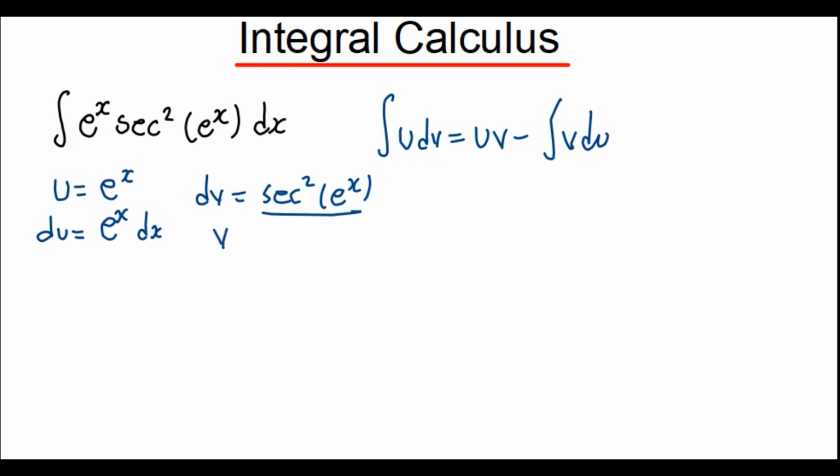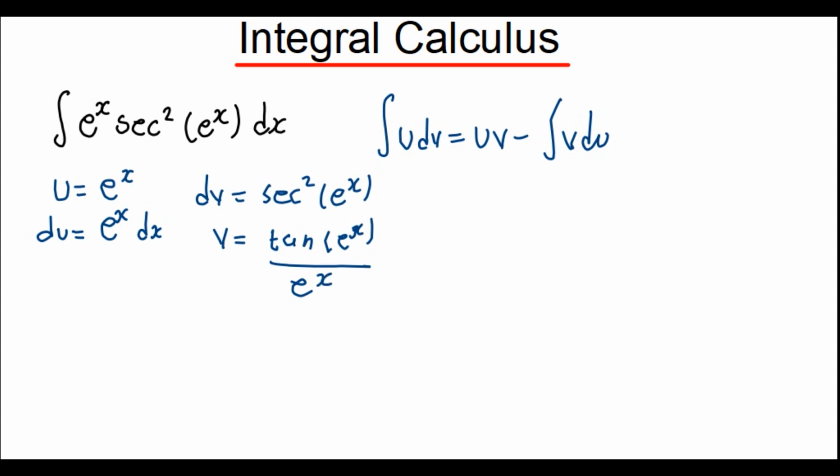When you integrate this one, this will simply be tan e to the x. I still maintain the same angle, then I divide by the derivative of the angle. The derivative of the angle is e to the what? E to the x.